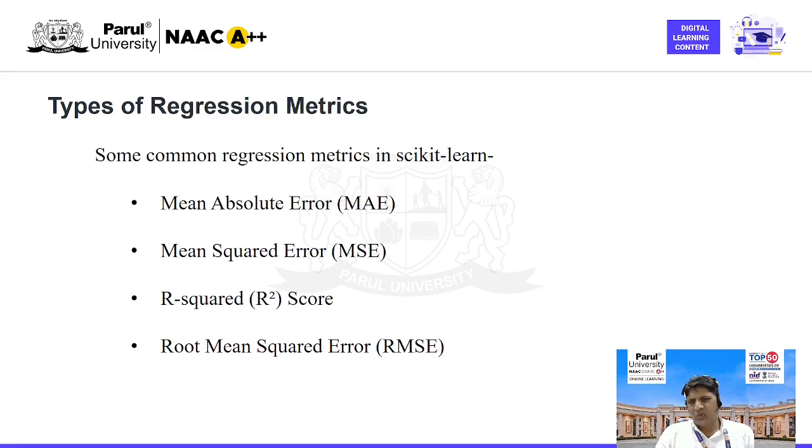The second one is mean squared error, abbreviated as MSE, and the third, R squared score. The fourth one is root mean squared error, RMSE. These four types of metrics are commonly and popularly used in regression, provided by the scikit-learn library.